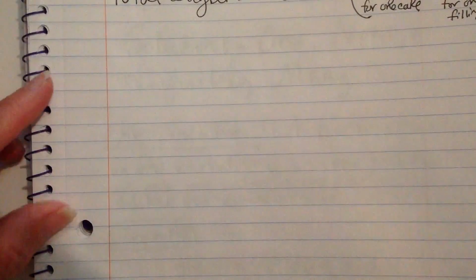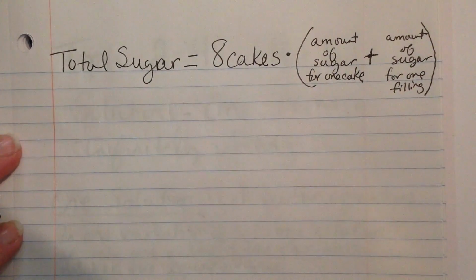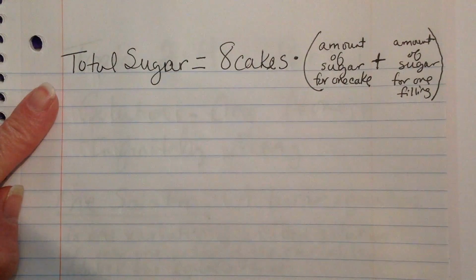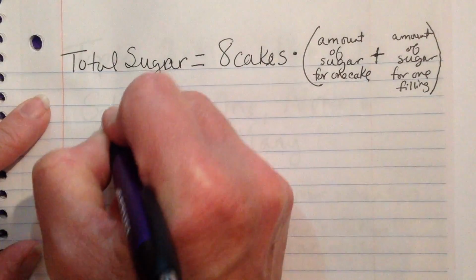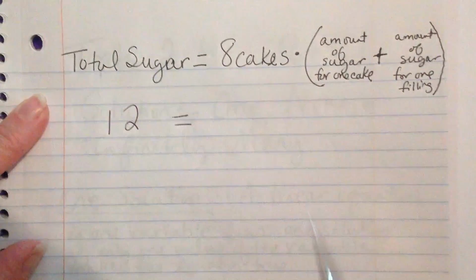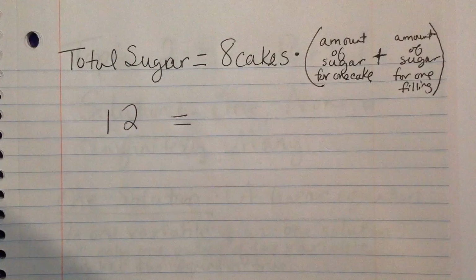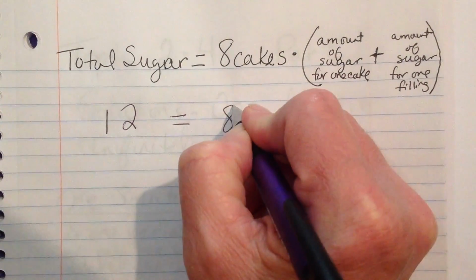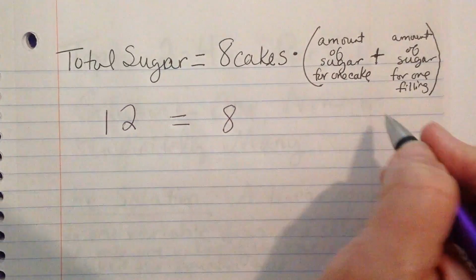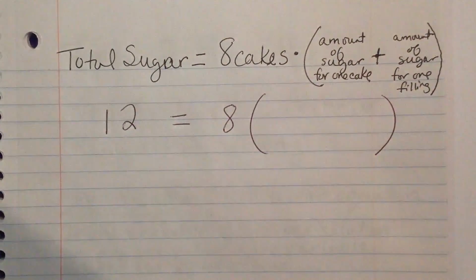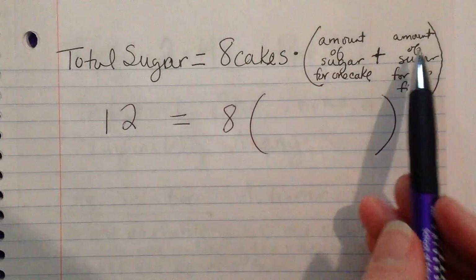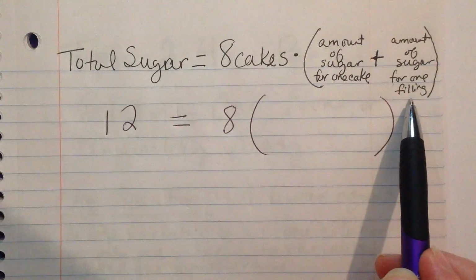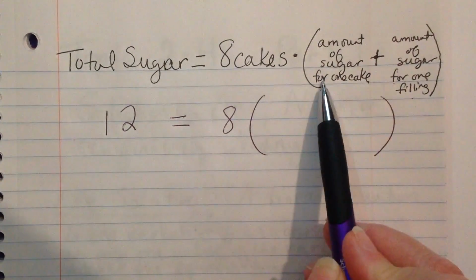Now, let's set up an equation. First of all, we know the total sugar that we have. The total sugar we have is 12, equal to, we know that we have enough for 8 cakes. So this is 8 cakes. Now, what we do not know is the amount of sugar for 1 filling. We know the amount of sugar for 1 cake.